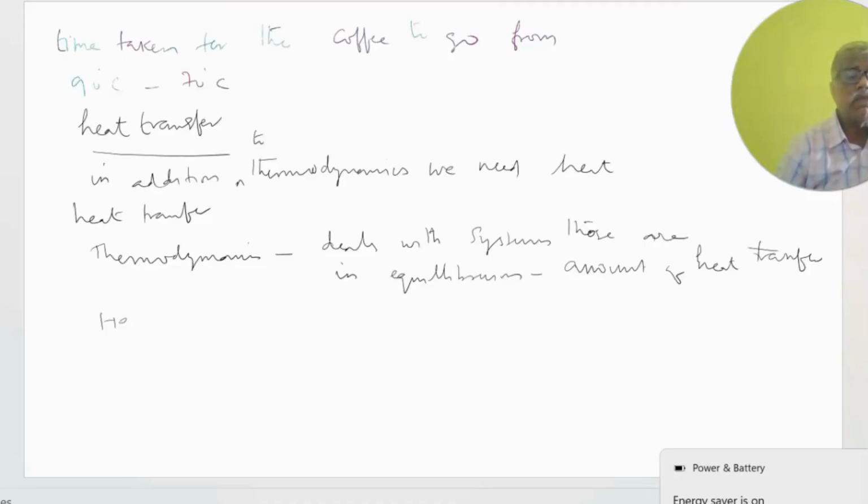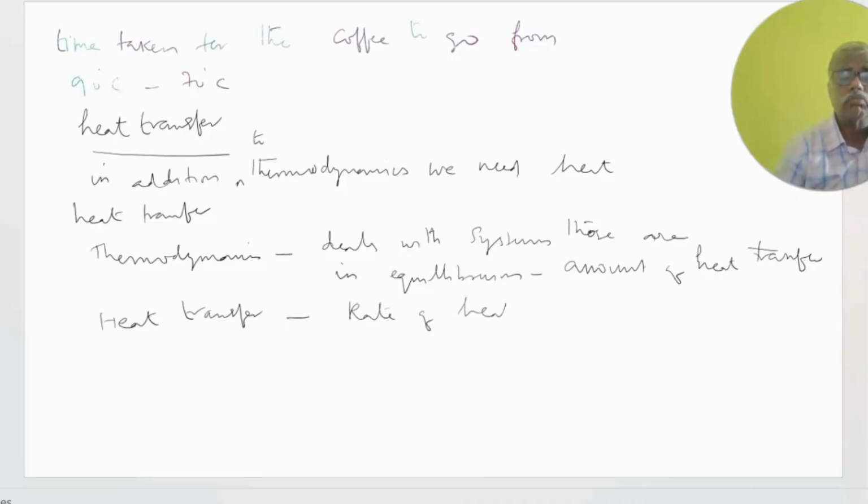But the subject heat transfer can give the details of rate of heat transfer, time taken for heating or cooling, and temperature variation.